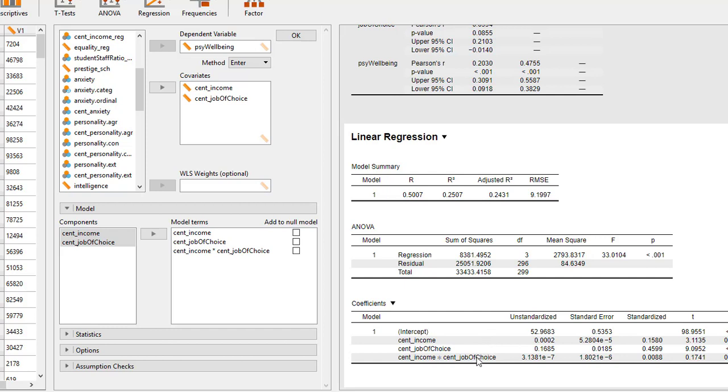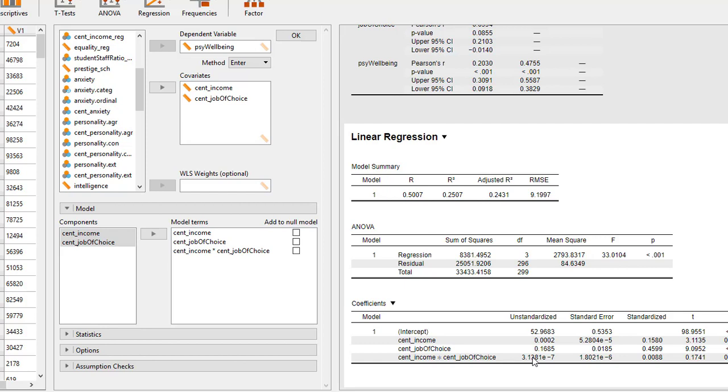It is the additional increase in the relationship between one variable and the dependent variable as a function of an increase in the other independent variable. Okay, so now these are the unstandardized coefficients with standard error, and the unstandardized are expressed in units of the dependent variable.